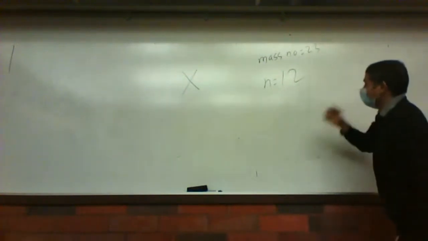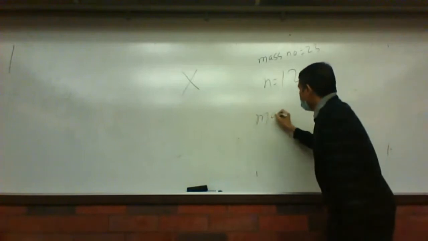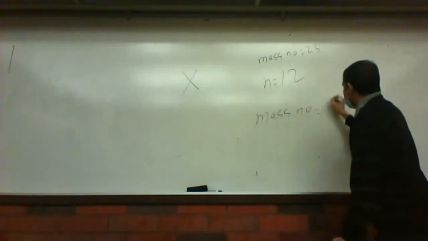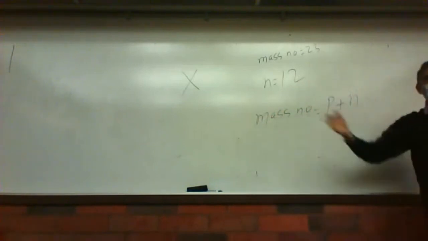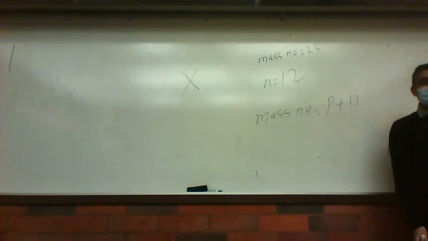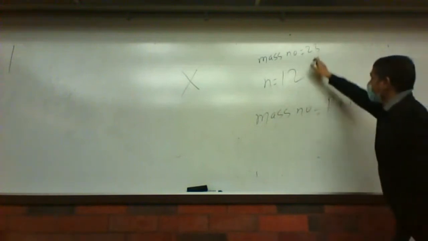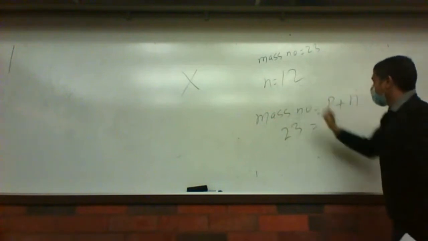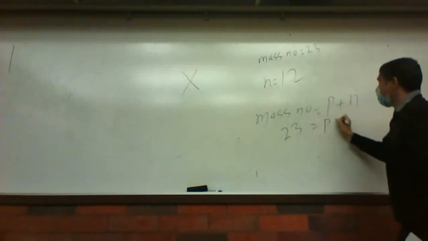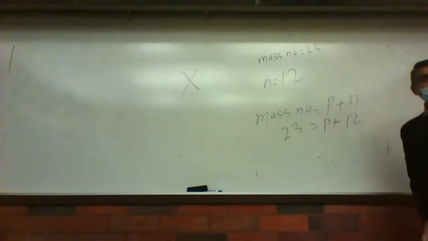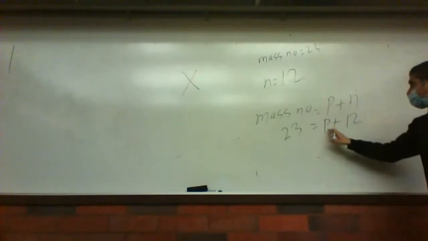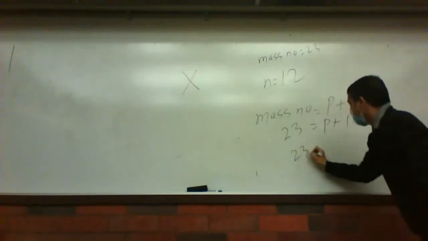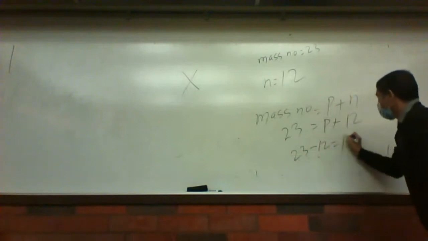The mass number is always proton plus neutron, right? The mass number is given, 23. The proton is not given, and the neutron is given as 12. So how many protons are there? 23 minus 12 equals the proton.